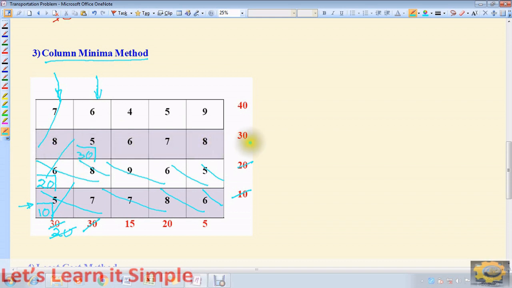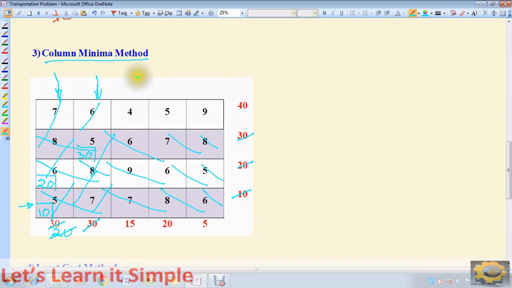So this results in vanishing the second row as well as the second column. So if I justify 5 here, I have 30 and 30, so both are vanishing.